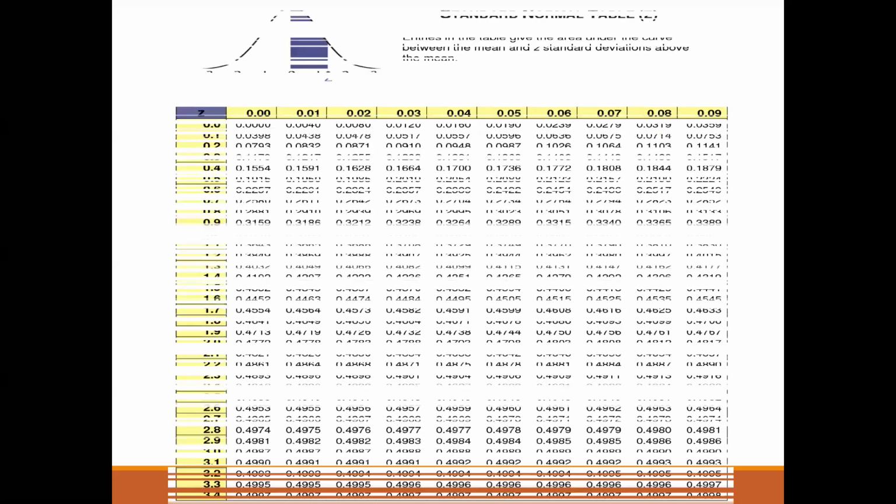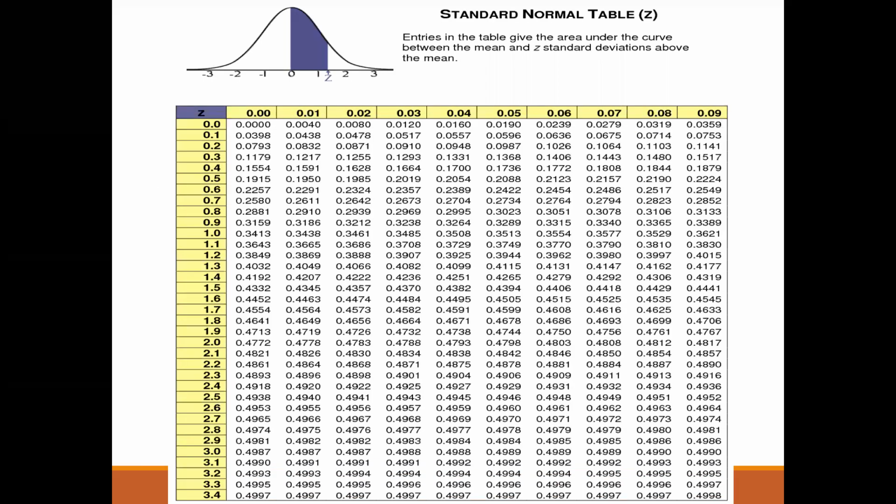To begin with, I want you all to take a screenshot of this standard normal distribution table for the values of z. Just as an example of how to read this table, let us say I want the value for 1.67.